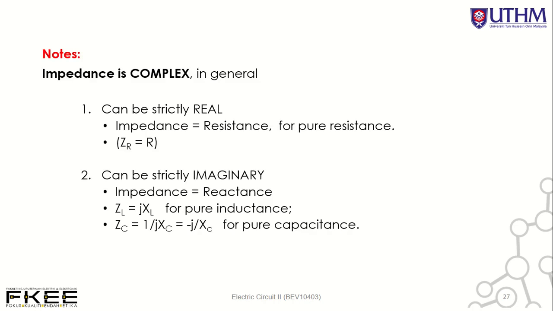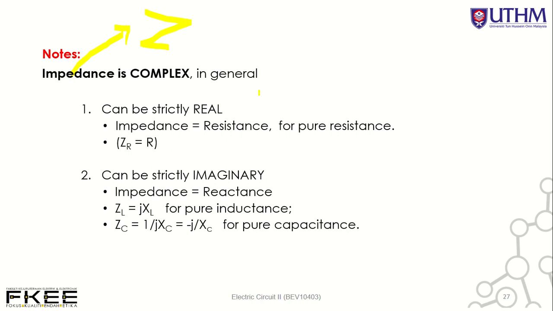I think that's all for this subtopic. So what we can conclude, what you have learned in this topic. Impedance, Z, is basically a complex number in general. Number one, it can be strictly real.